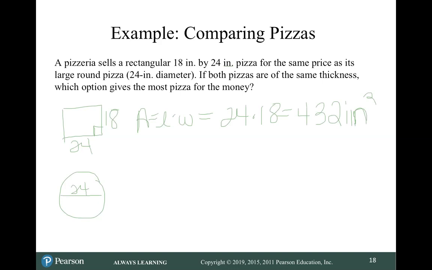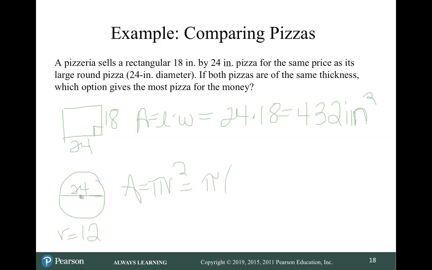Sorry about the handwriting. Our second pizza is a circle, but the diameter is 24. In order to find the area of a circle, I need not the diameter, but the radius. Our radius, half of the diameter, is 12. Area of a circle is pi r squared.